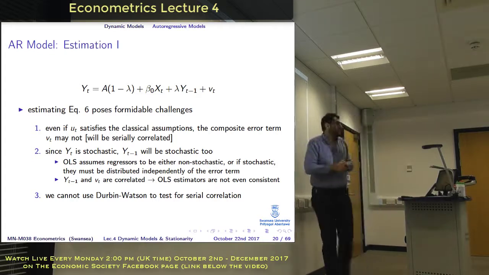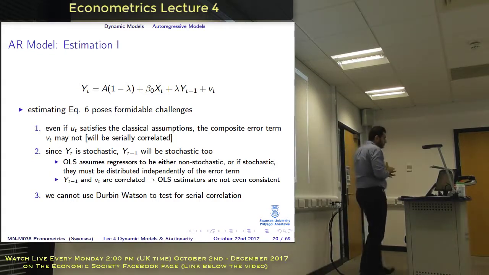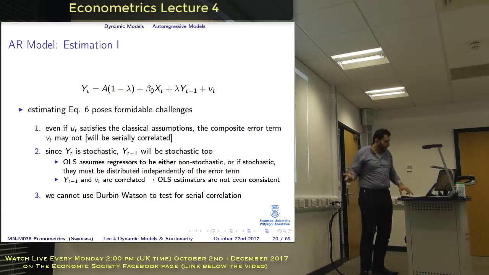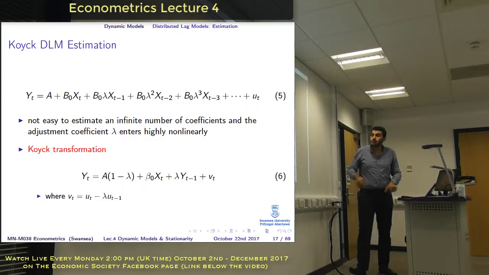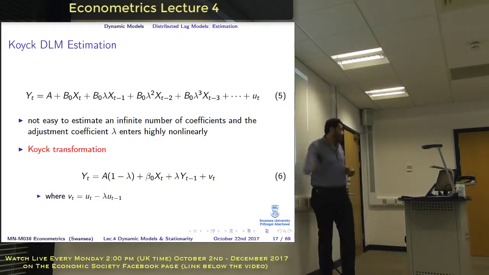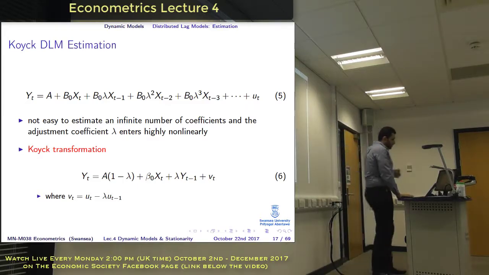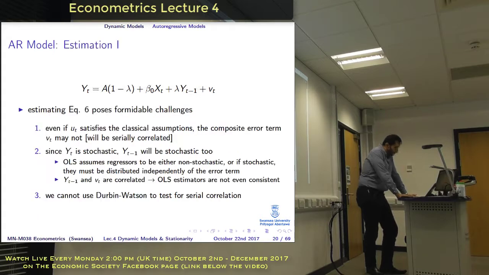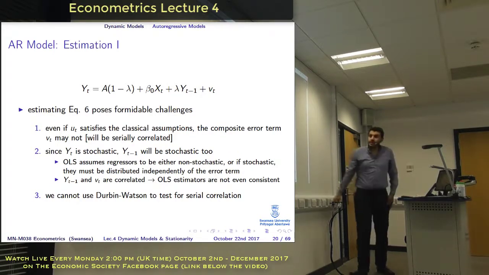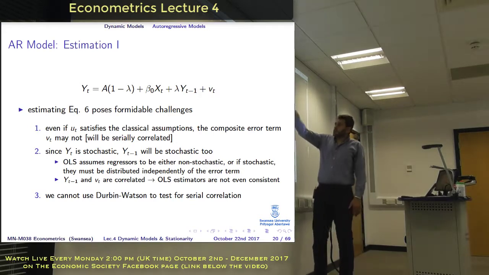Again, this model has some challenges too when it comes to estimation. Even if the original error term u_t satisfies the conditions of estimation, there is nothing to guarantee that the new error term, the composite error term v_t, does.